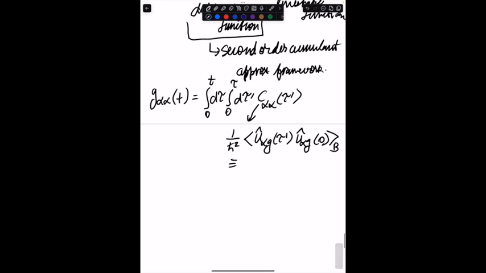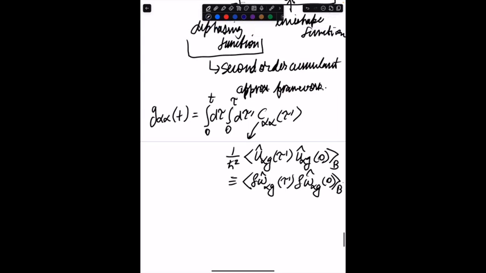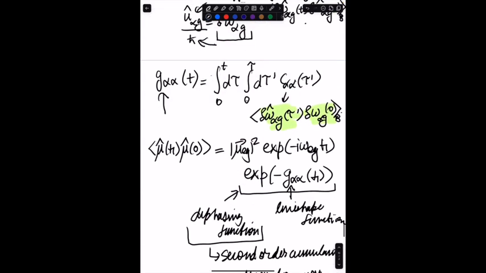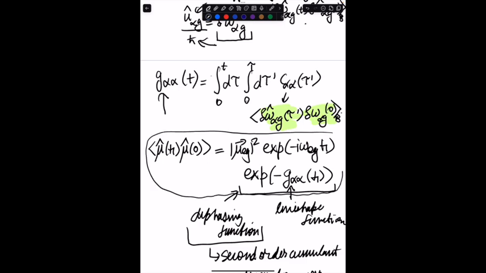And then this is equivalent to writing it as delta omega alpha g at tau prime, delta omega alpha g at time 0. So I hope this is clear. So your 2-point dipole correlation function calculates as follows.